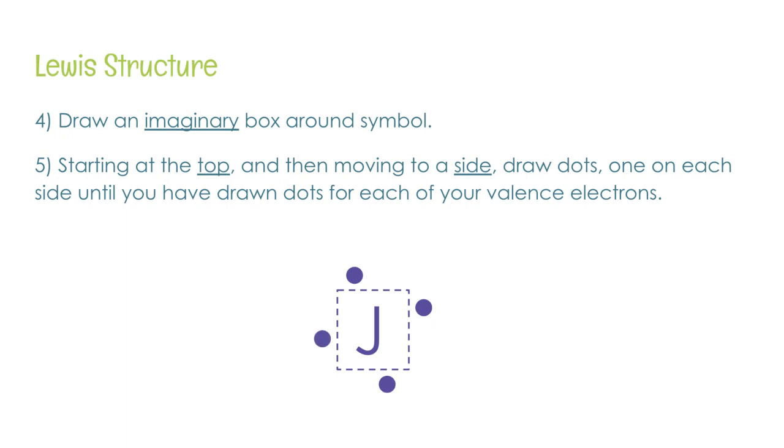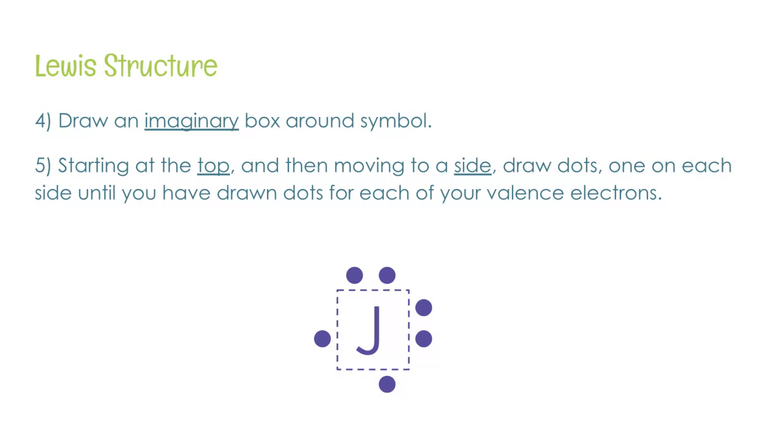Carbon with 4 valence electrons would look like that. Nitrogen would look like this. Oxygen has 6 valence electrons. So does sulfur. Yes, it's sulfur.